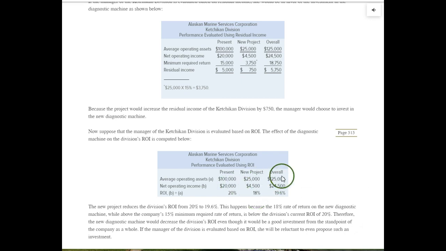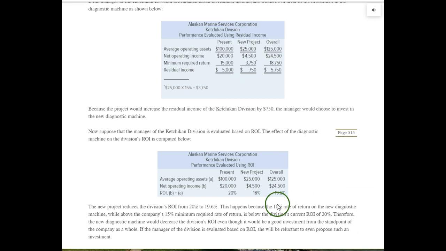If you do accept the project, your overall numbers go up as to operating assets and operating income, but your ROI drops a little bit. It drops you down to 19.6%.